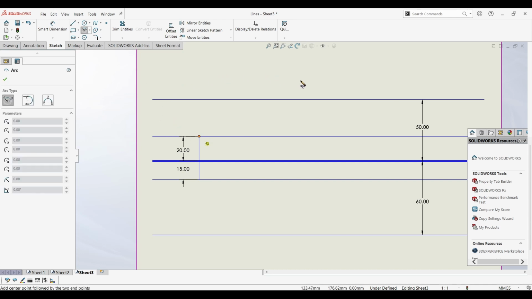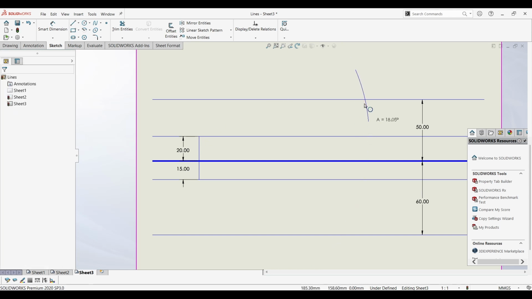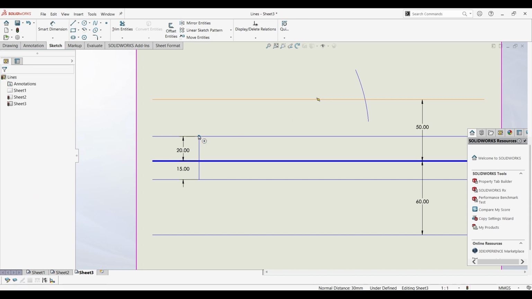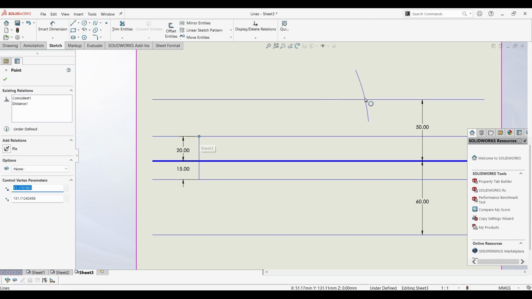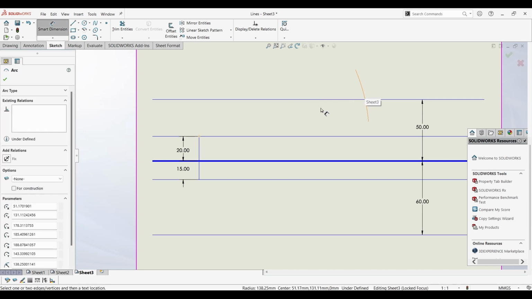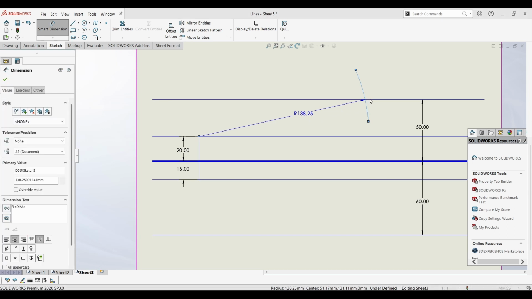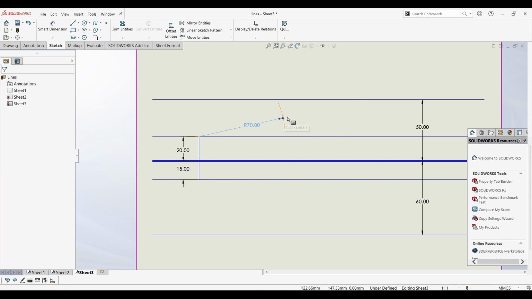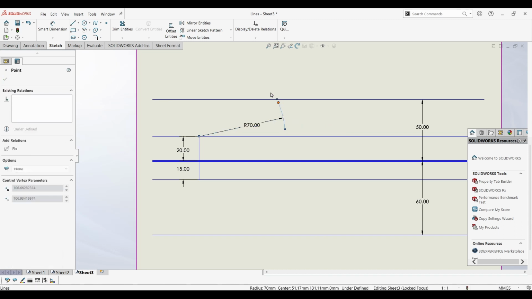From this point, okay. So what I have to do now is from this point to this point. No, not that. Can't I put smart dimensions for this? Yes, got it. It should be 70. When 70 is done, let me extend this arc here.